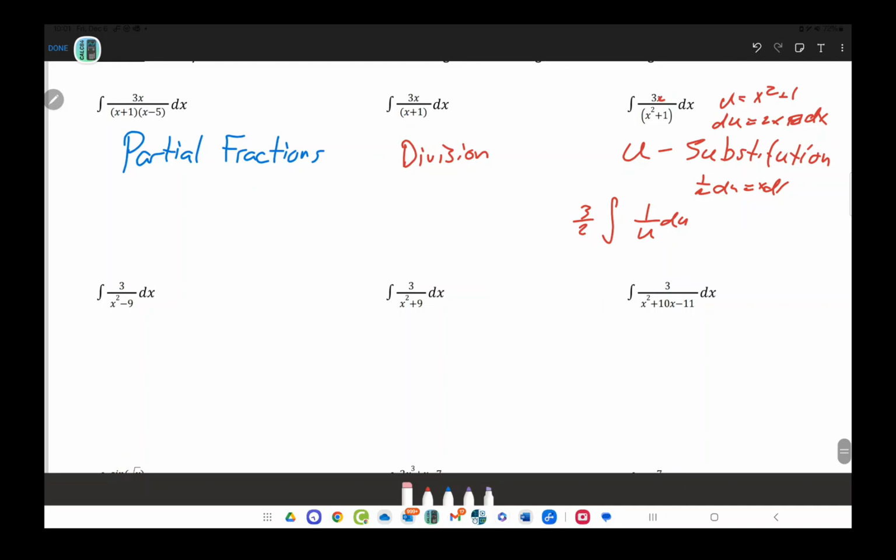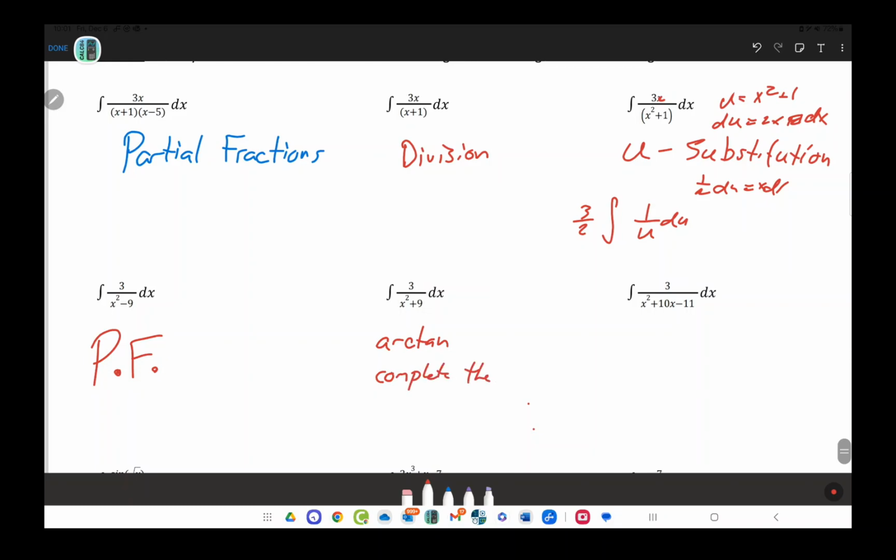Now, there are no numbers with these, so this next one, can you factor that? If you can factor that, you want to use partial fractions. Yes, x plus 3, x minus. Partial fractions. Okay. Can you factor the next one? No. But since we don't have an x at the top, we can use our arctan and complete the square.